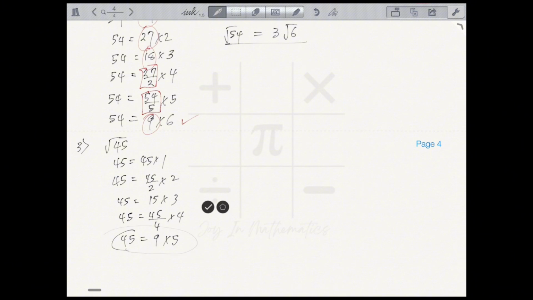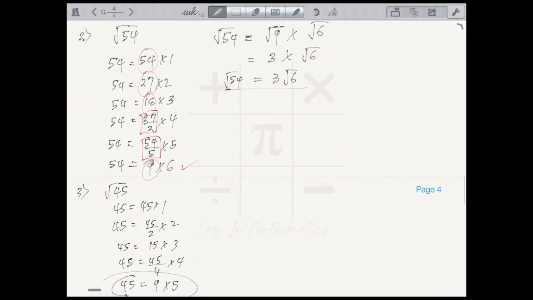9 times 5, because there's no definite square root of 45, no definite square root of 45 over 2, no definite square root of 15, and no definite square root of 45 over 4. However, there is a definite square root of 9. So we say that root 45 is equal to root 9 multiplied by root 5, because 45 is equal to 9 times 5.